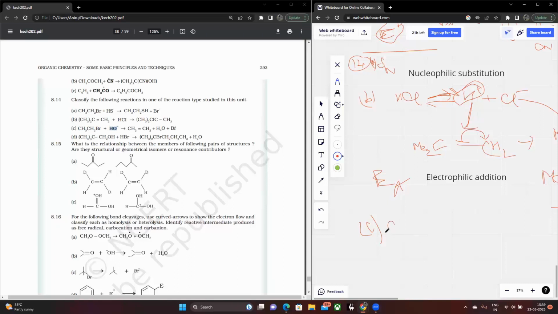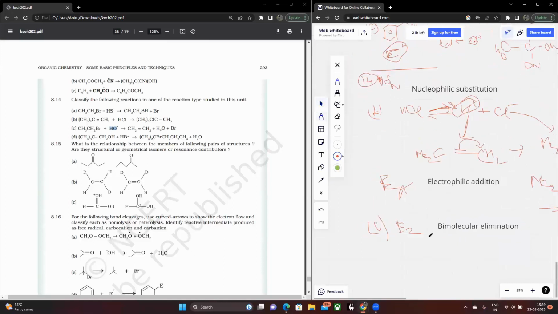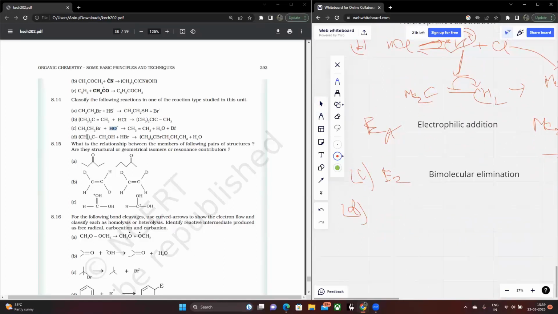And so this is an E2 reaction, right? Or the proper English name is bimolecular elimination reaction, right?